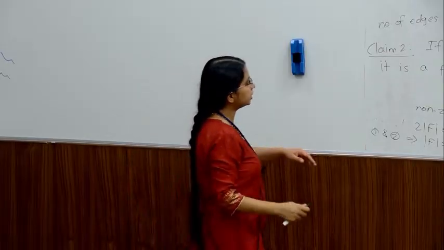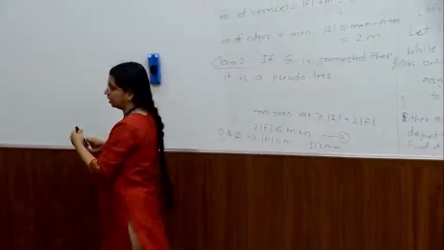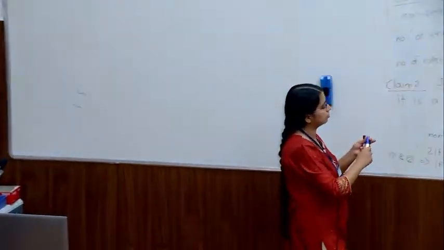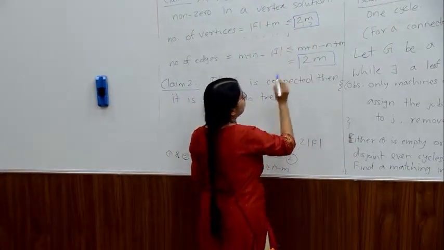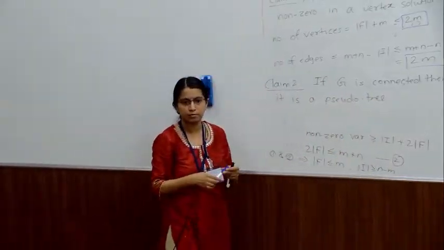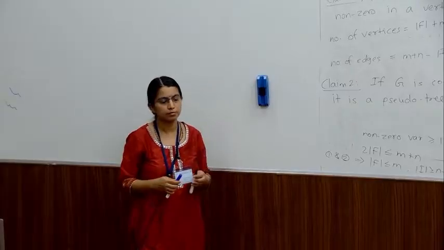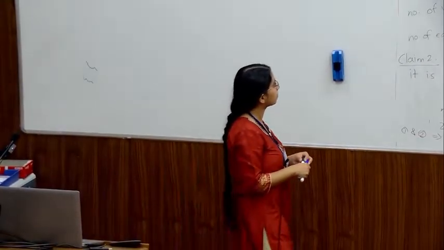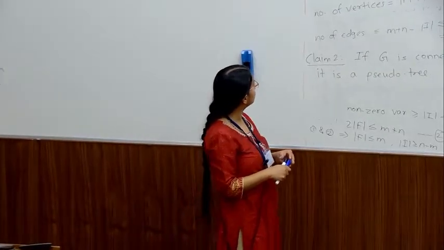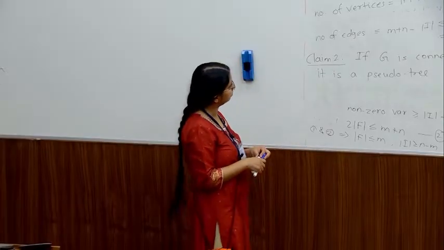What we know is that G has 2m many vertices and at most 2m many edges. Both are inequalities, right? But if it is connected, then it holds with equality.